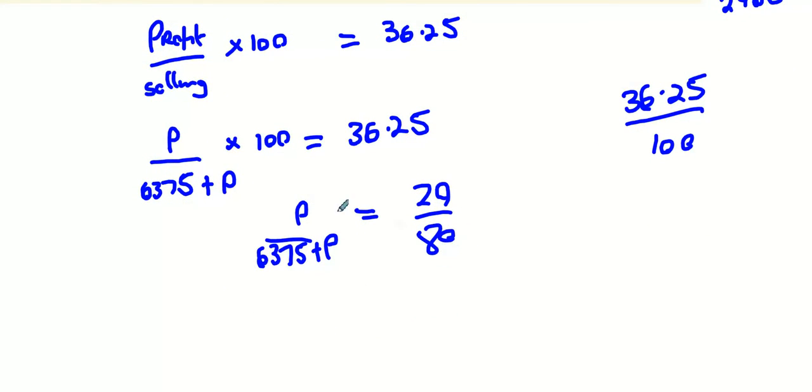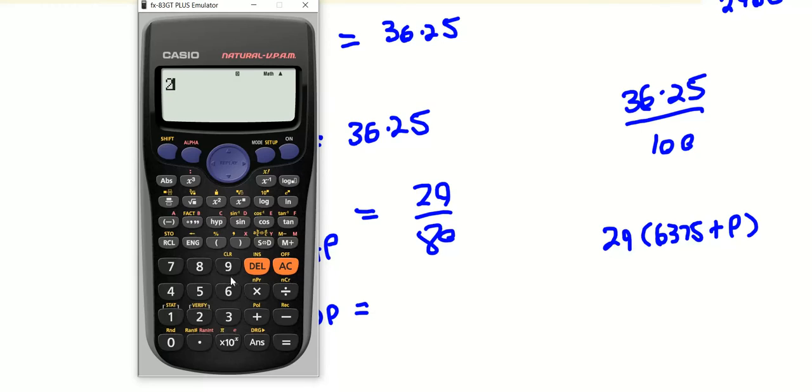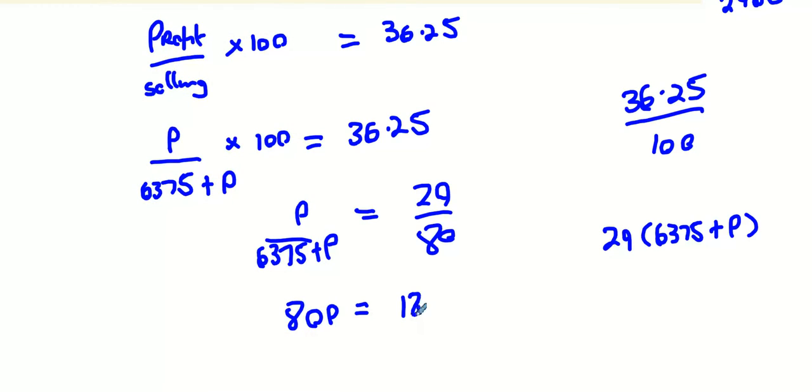80 is division on the right, which makes it multiplication on the left. So it's 80 multiplied by P. And then it's going to be 29 multiplied by 6,375, plus P is division on the left, which makes a multiplication on the right. So it's going to be 29 multiplied by 6,375, which is 184,875 plus 29P.